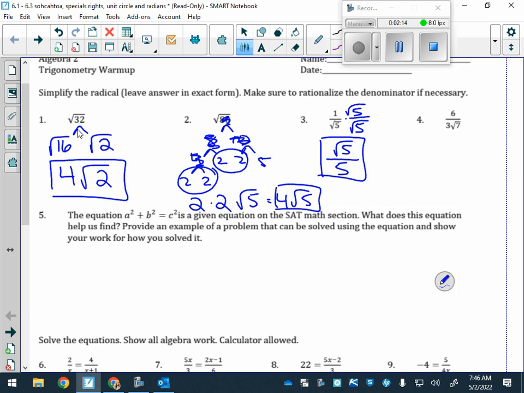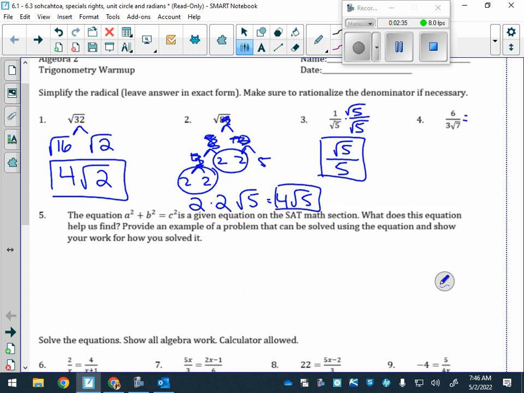Number 4 looks very similar. However, what can you do first? Is there anything? Yeah, Finn. Good. So 6 over 3, we could simplify that to 2 over 1.